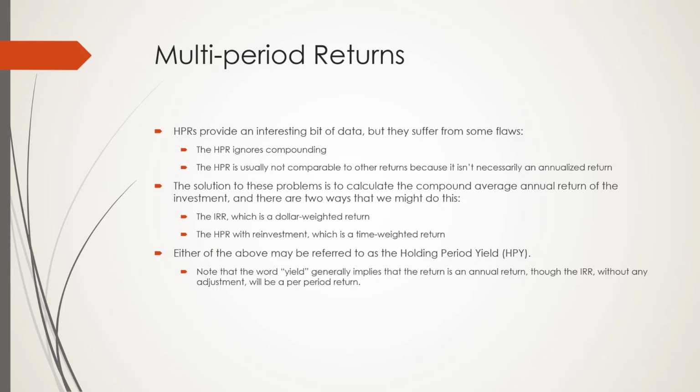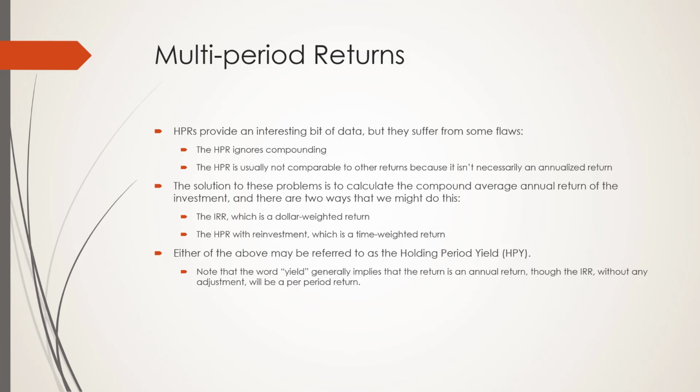So you may need to annualize these things to make them comparable. But you almost never will have the same IRR and HPR with reinvestment. They'll give you slightly different results because they differ mainly on the reinvestment assumption.